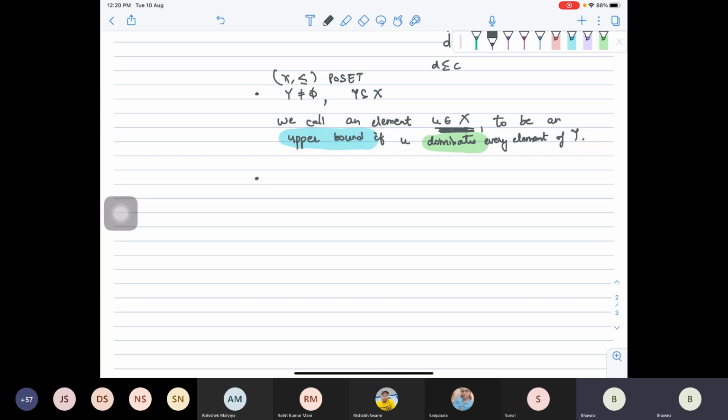And we defined maximal element. Now maximal element was in any poset.